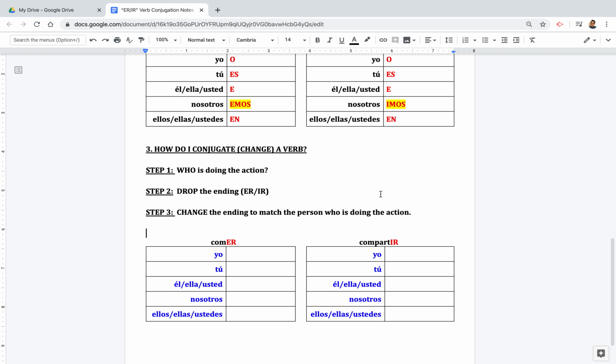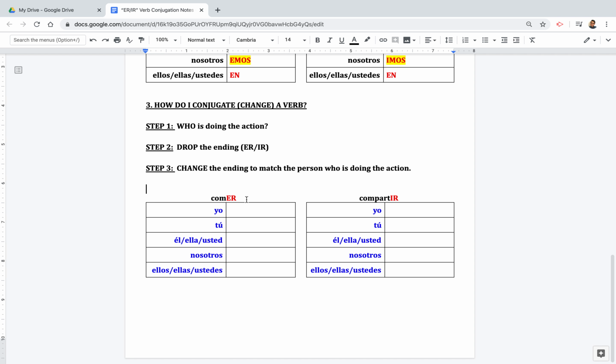Let's look at our 2 examples. For our first example, we have the verb or action word comer, which means to eat. We know comer is an ER verb because it ends in ER. So let's go ahead and conjugate comer. My very first question that I have to ask myself is, who is doing the action?